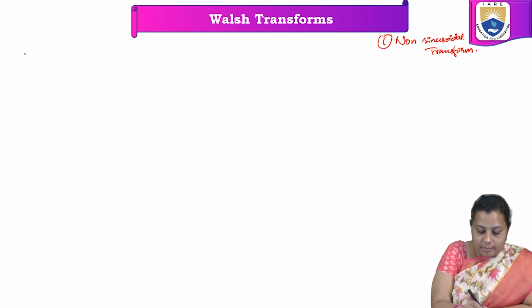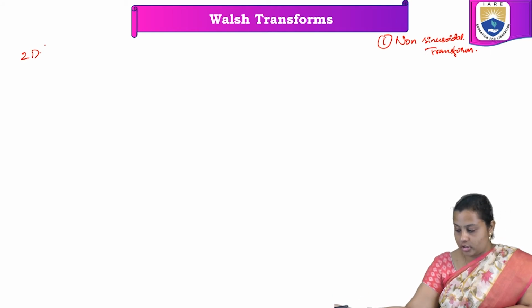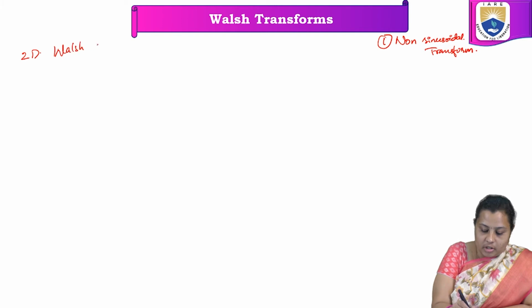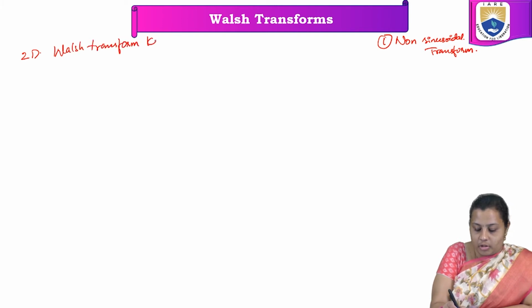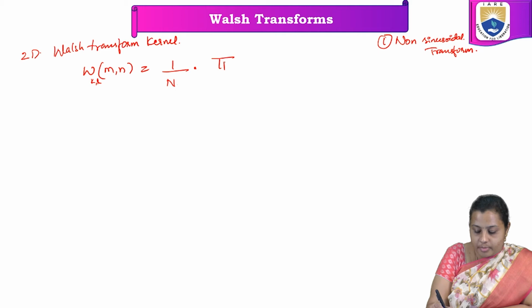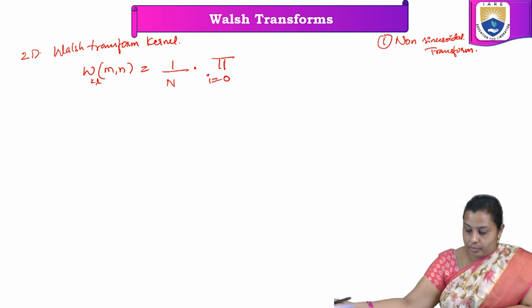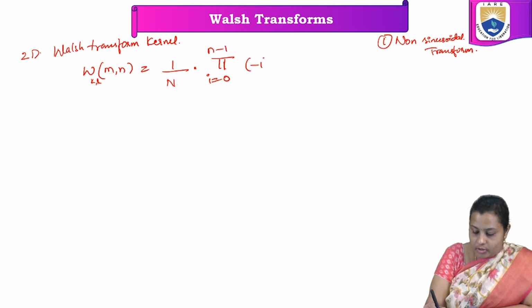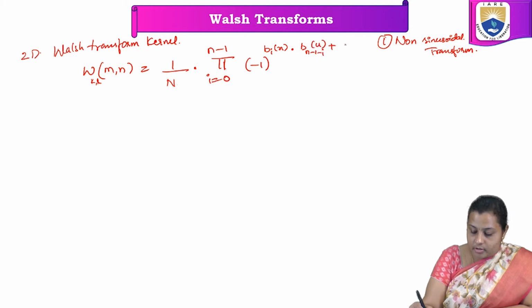If I'm considering a 2D function, then my Walsh transform kernel I can write as, given by g(x, y, u, v) equal to 1 by N into the product over i equal to 0 to n minus 1 of minus 1 power of (b_i(x) into b_(n-1-i)(u) plus b_i(y) into b_(n-1-i)(v)).